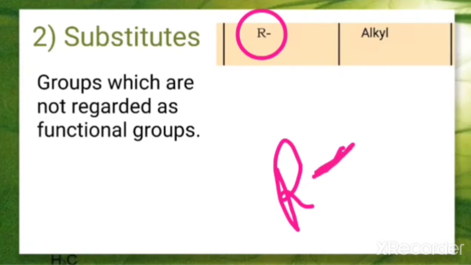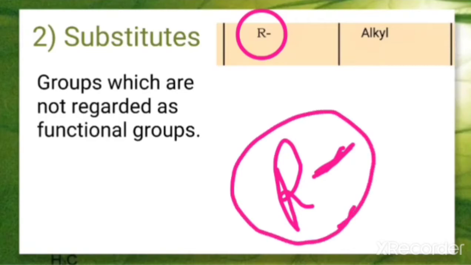This dash shows that it is a group, because it is connected to some part of an organic compound. So it is not a complete molecule, it is a group. We can say a part of the organic compound. That's why this dash shows that it is connected to one of the carbon chains or any ring of the carbon chains.